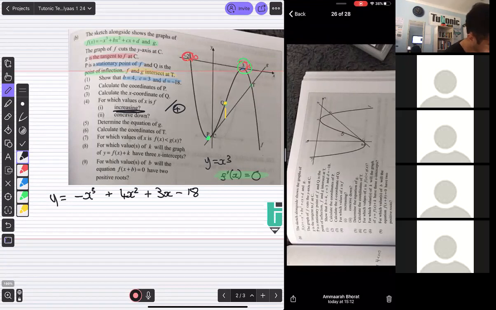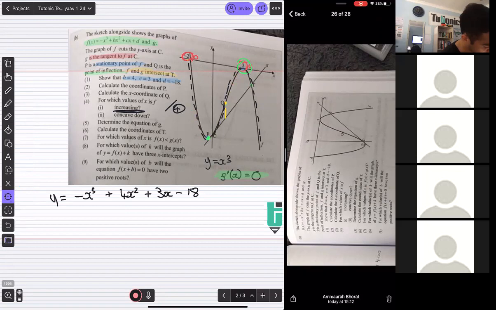How do you determine the gradient? You can actually draw tangents, right? So here are my tangents. And you can see the tangents over here are negative, and then positive, and then negative. Negative, positive, negative.